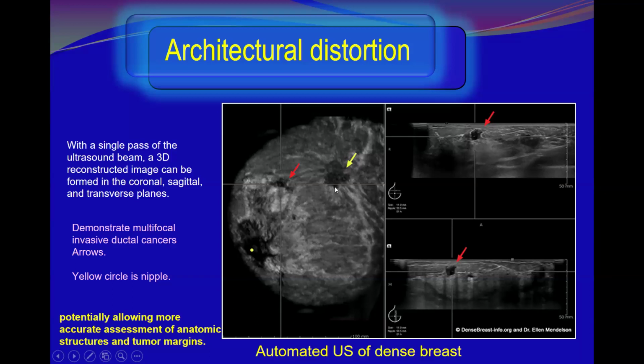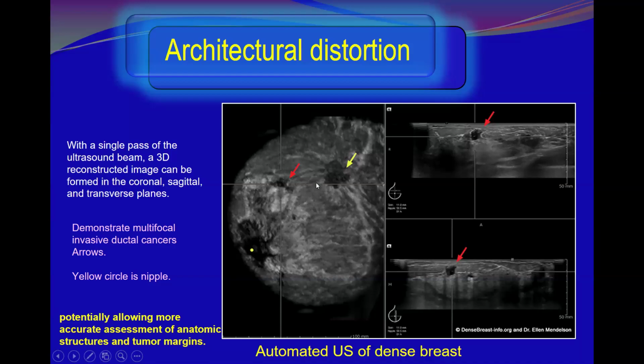Especially the coronal view, allowing more accurate assessment of the tumor margin and the adjacent architectural distortion. Nicely demonstrate the spicule, long spicule seen as hyperechoic lines radiating from the mass because the background is fat.